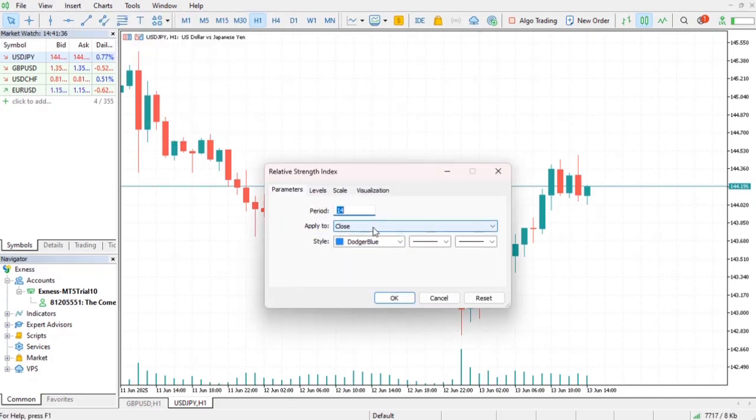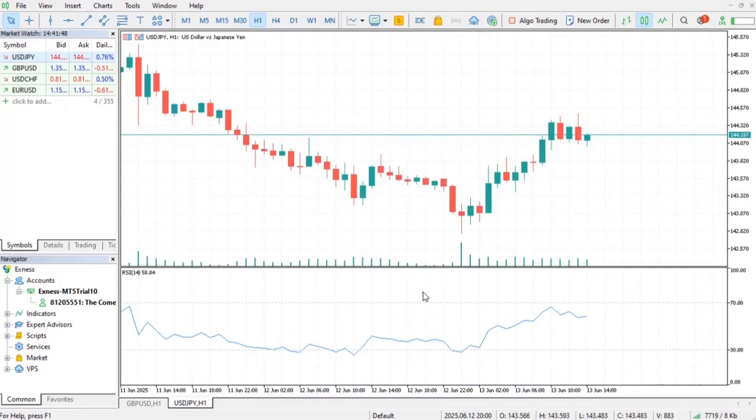Now the relative strength index is a type of indicator that tells us the strength of a particular asset we are looking at. It is telling us if that particular asset is in an overbought or oversold condition.